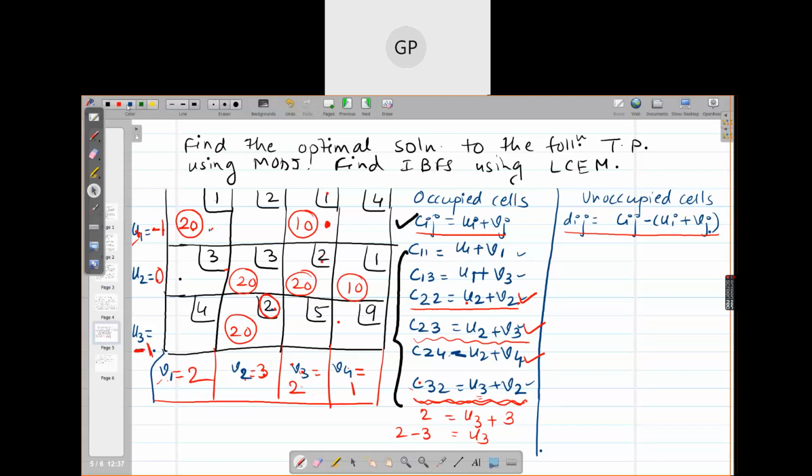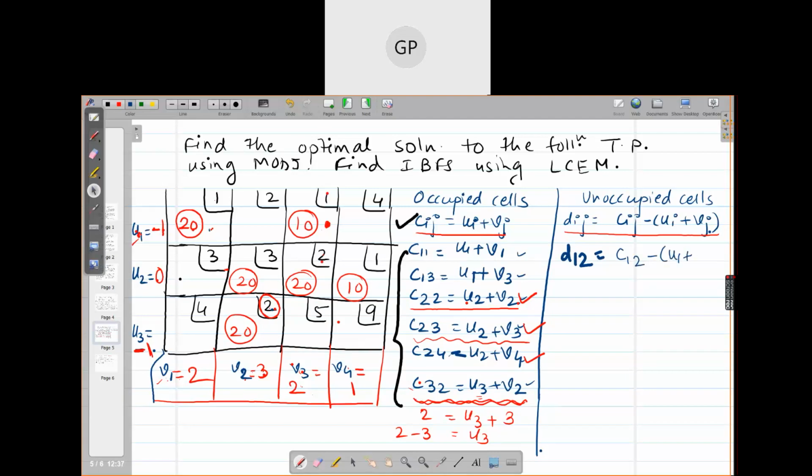Now for unoccupied cells, which is the first unoccupied cell? Tell me the location of the cell. First row, second column. That means D12, right? What will be the formula?